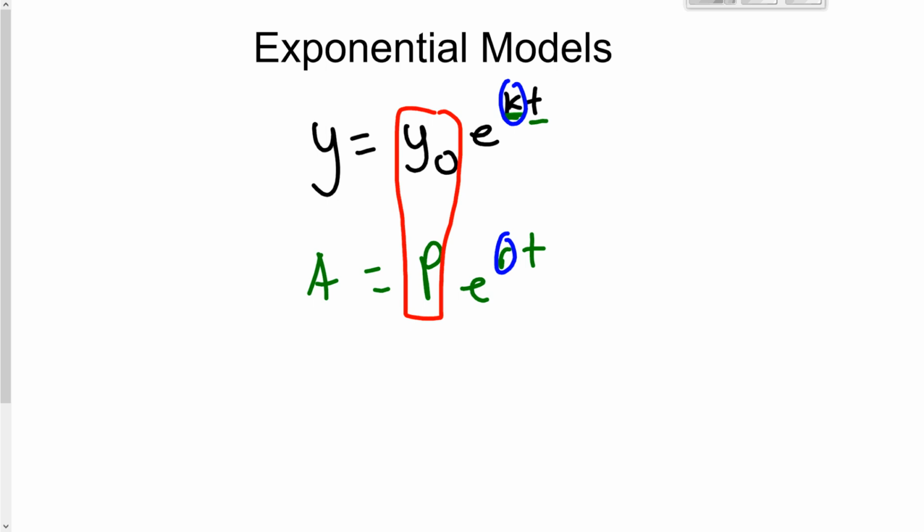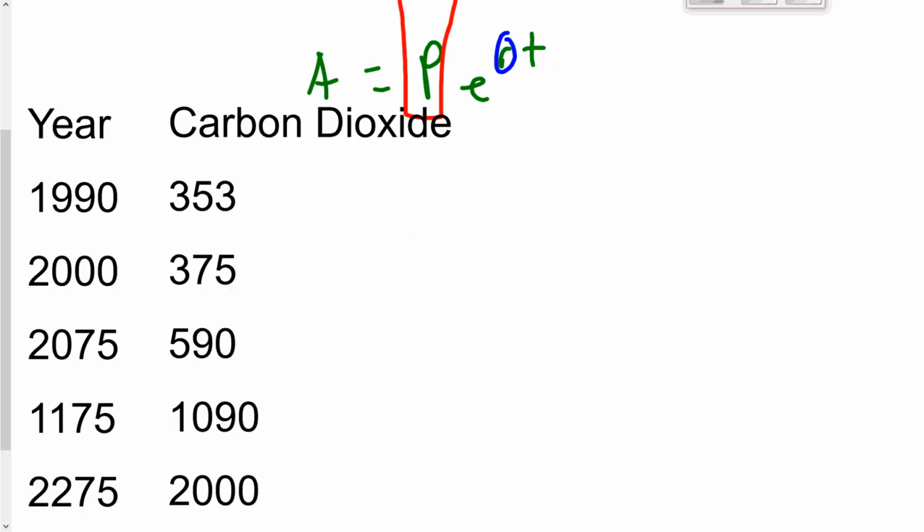And A, or y, would be how much you're left with at the end of a certain amount of time. So we can use this to solve exponential growth and decay problems. Let's go ahead and do an example.